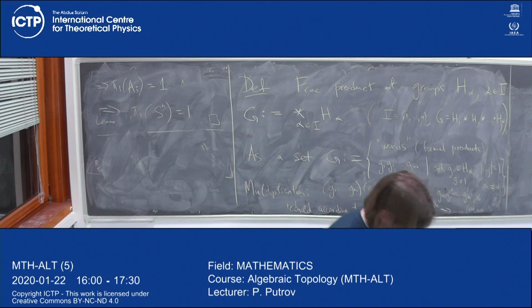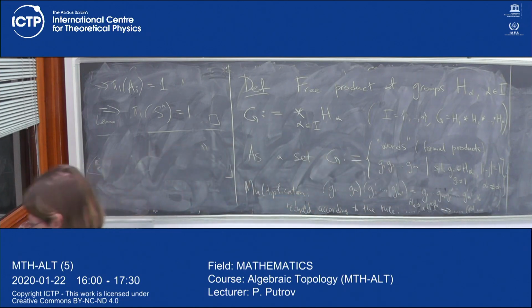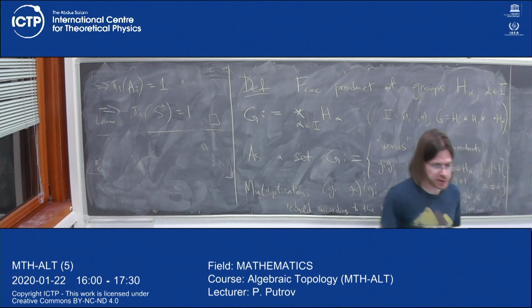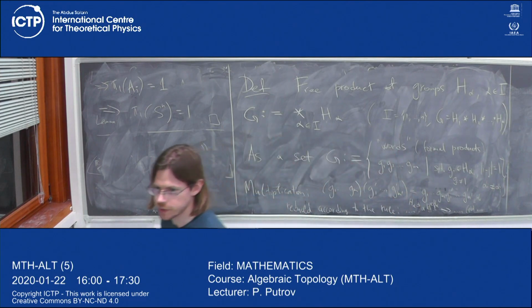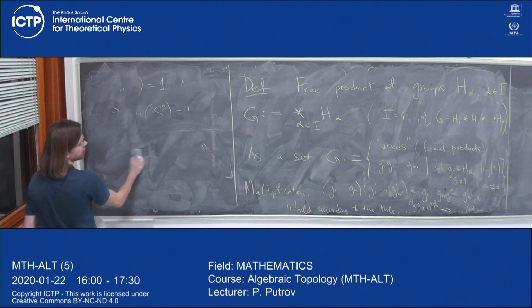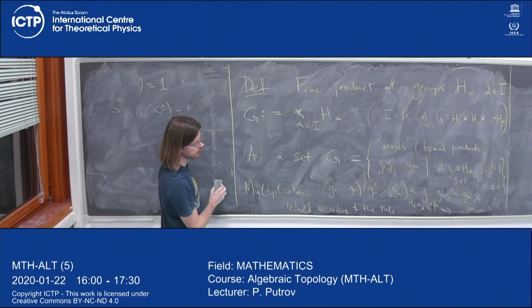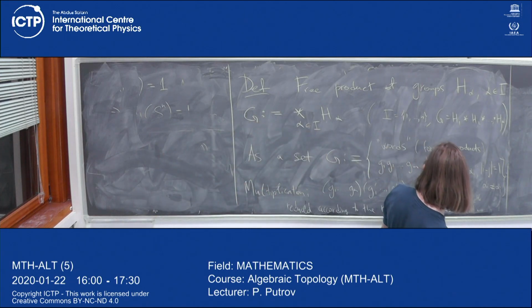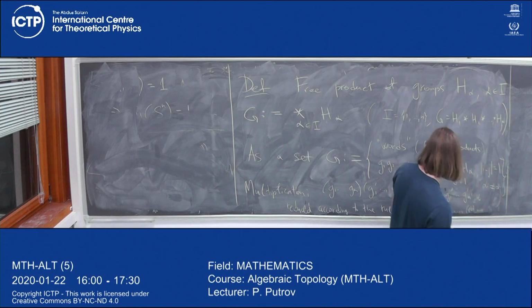If the two groups are the same, then it just becomes the same group? I mean, if H1 is equal to H2, then... No, the free product is not the same. It's a free product of this. But here we are saying that two consecutive elements need to not belong to the same group.